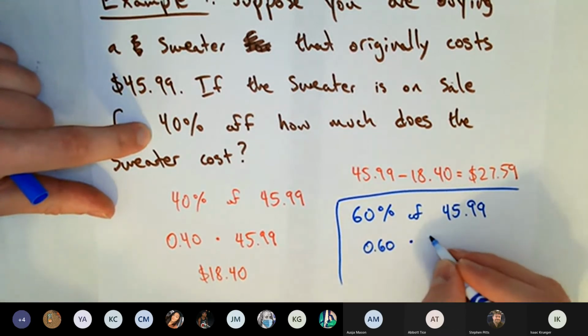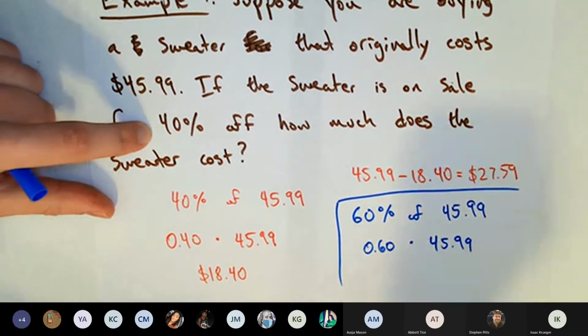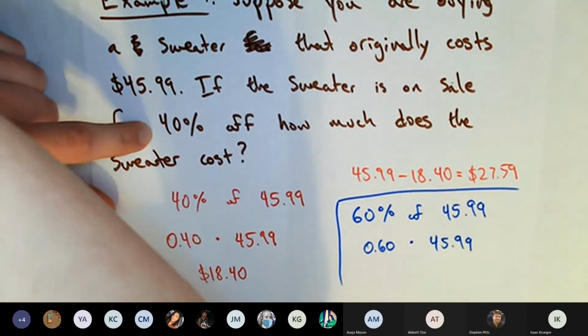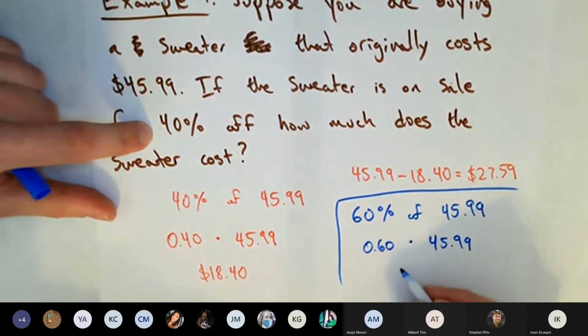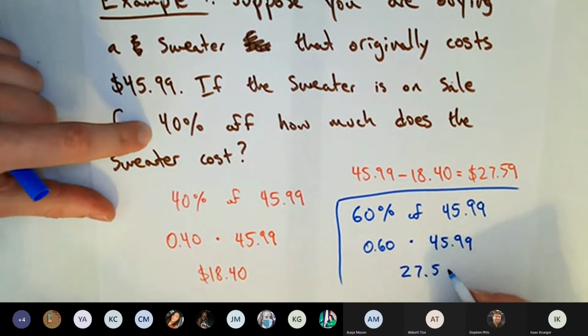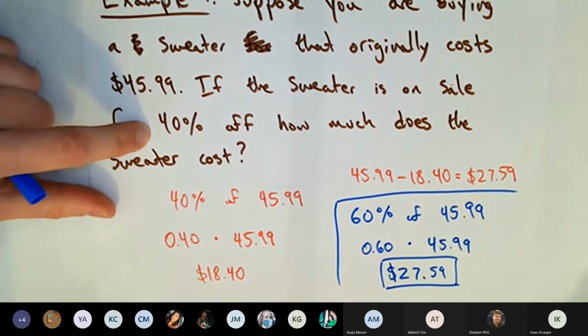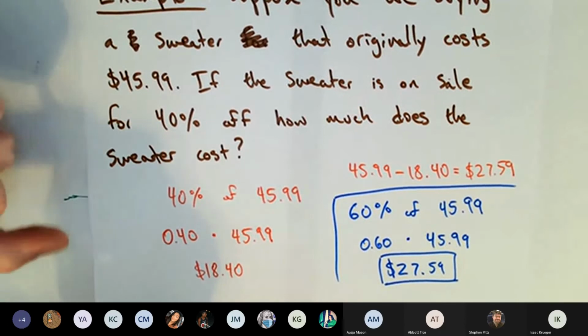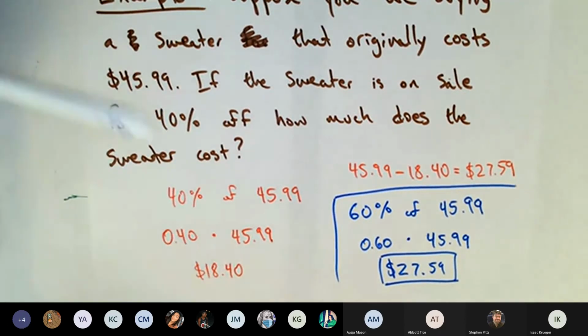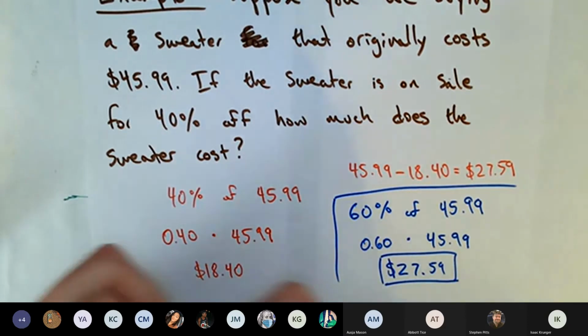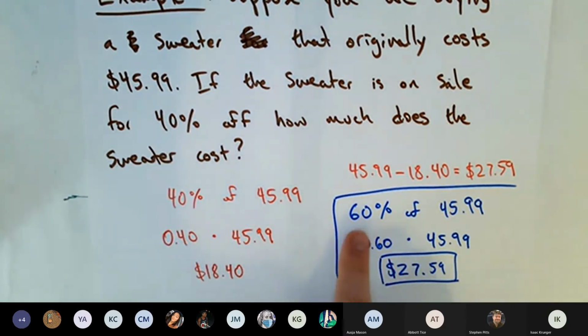That's how I got 60%. And then follow the math through, and it's going to take you right back to $27.59. So that shortcut technique we used last time is legitimate here as well. It's just that instead of adding the percentages together, you're subtracting the 40 from 100.